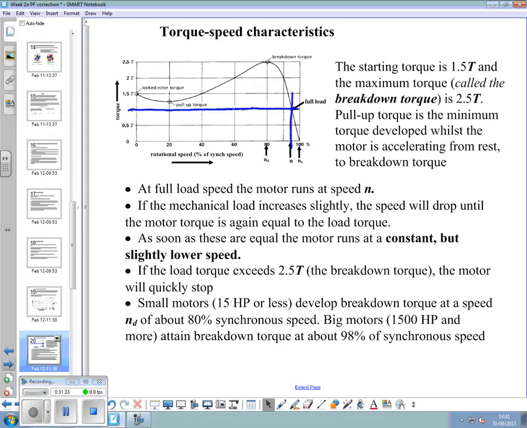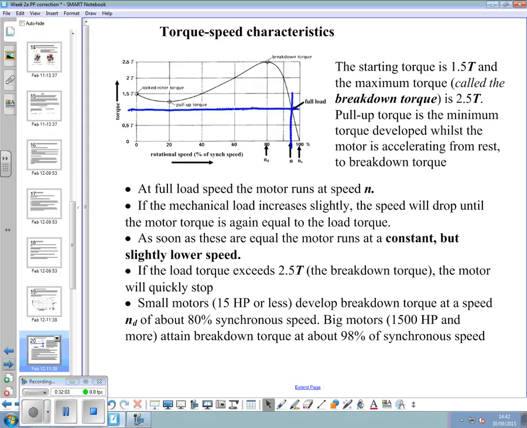If the mechanical load increases slightly, the speed will drop until the motor torque is again equal to the load torque. As soon as these are equal, the motor runs at a constant but slightly slower speed. If the load torque exceeds 2.5 times T, the breakdown torque, the motor will quickly stop.